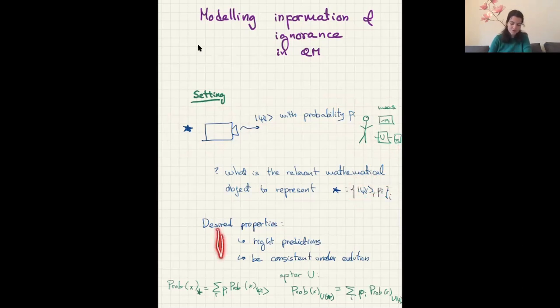So what are the desired properties? It should give us the right predictions, and it should be consistent under physical evolution. What does it mean to give the right predictions? If I do some measurement and want to know the probability of getting X in this scenario, I average over each possible state: I take the probability of getting that outcome when I measure that state, multiply by the probability of having that state in the first place, and sum it all.